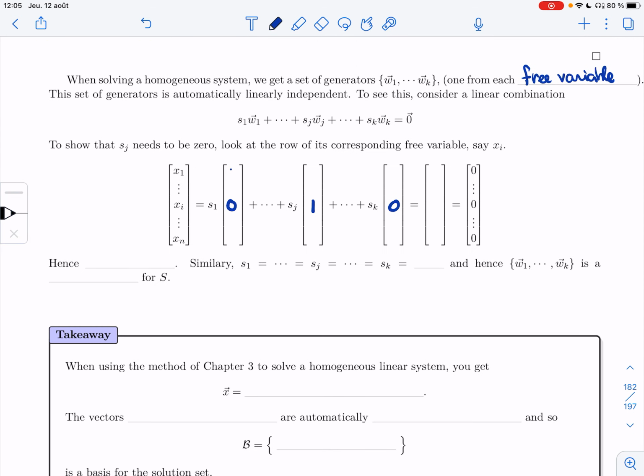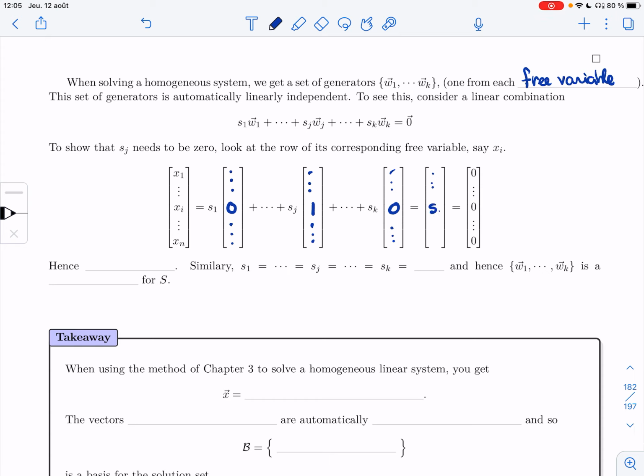If I don't care about the rest and only look at that row, then everything is very simple. Don't care, don't care. I get sj, don't care, don't care, don't care. And so for this equation to be true, I need sj to be 0. Similarly, s1 will be 0, sk will be 0, they'll all be 0, and hence this is linearly independent, and so it is a basis for S.